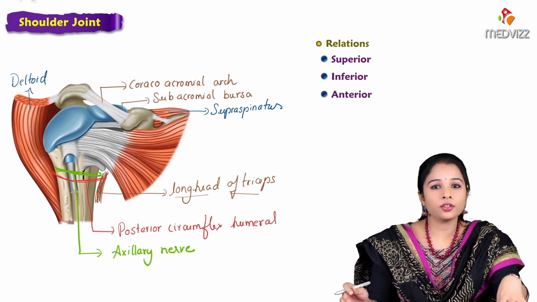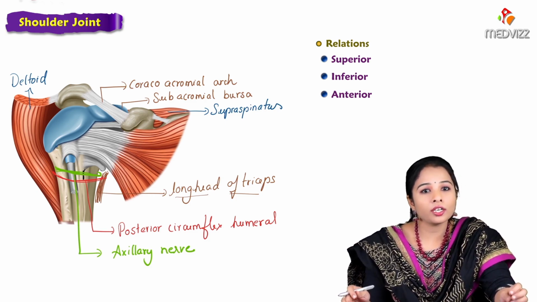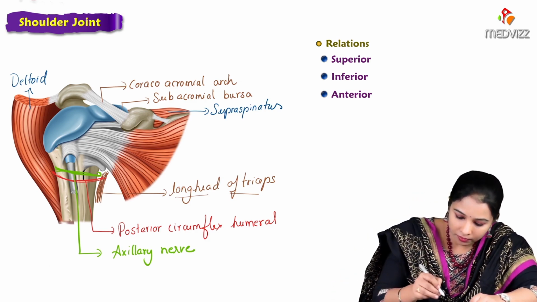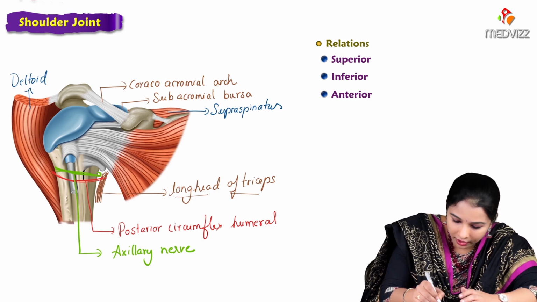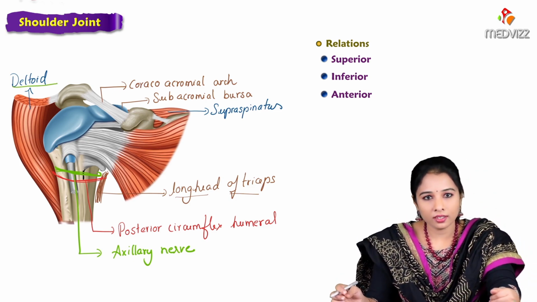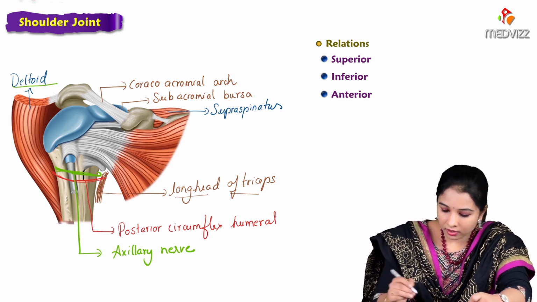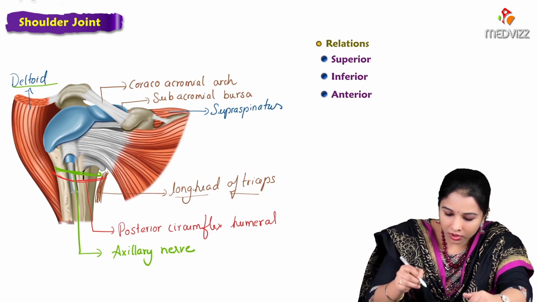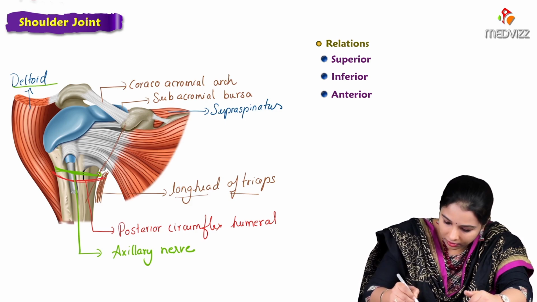Anteriorly, it is related to the anterior fibers of the deltoid, coracobrachialis, short head of biceps brachii and subscapularis. The anterior fibers of deltoid are removed. It is related to the coracobrachialis, a small muscle which runs from the coracoid process to the neck. I am just drawing a line.